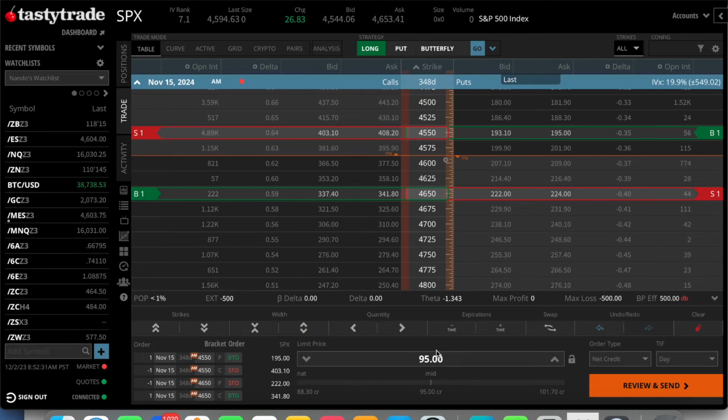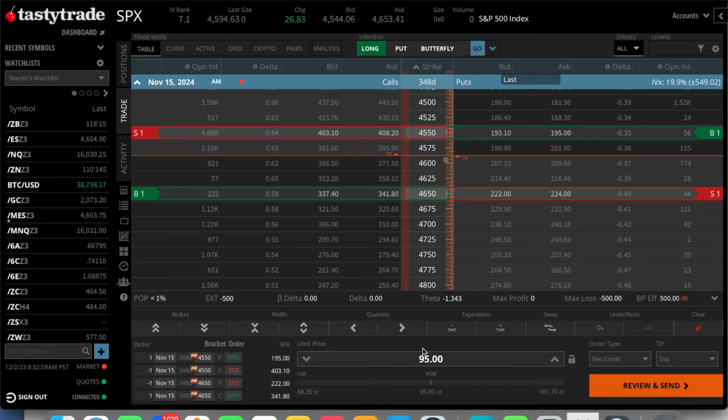The 9,500 will go to the cash portion of your account, and that is usable for other plays, whatever you want to call it. Let's go with the sanitized definition of gambling. Investments you might make, or the less sanitized, the speculative plays you might make, whatever you want to call it.